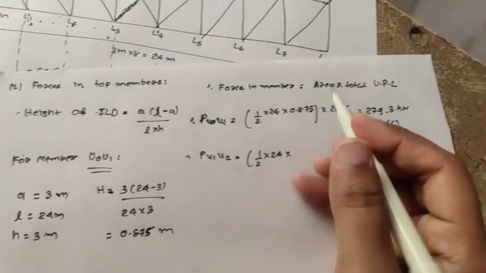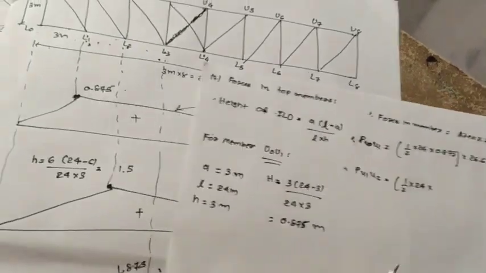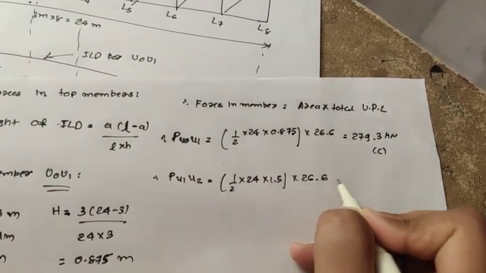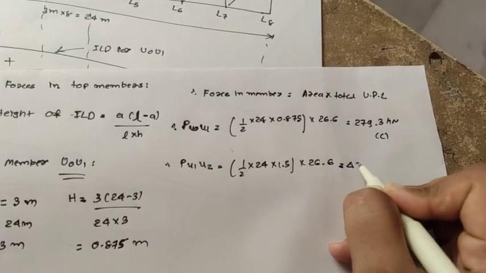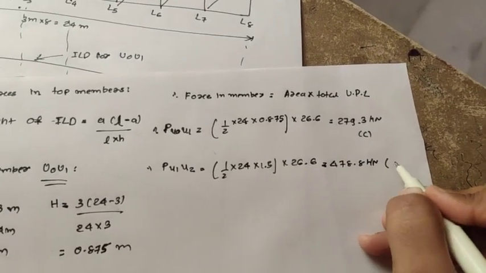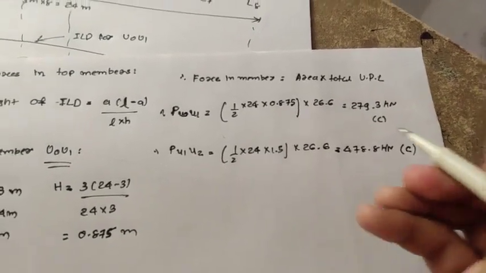Only the height of the ILD changes. The second height is 1.5, so multiply by 1.5, then by 26.6. So the answer is 478.8 kilonewton. And because the value is plus, we assume that our member is in compression, right?